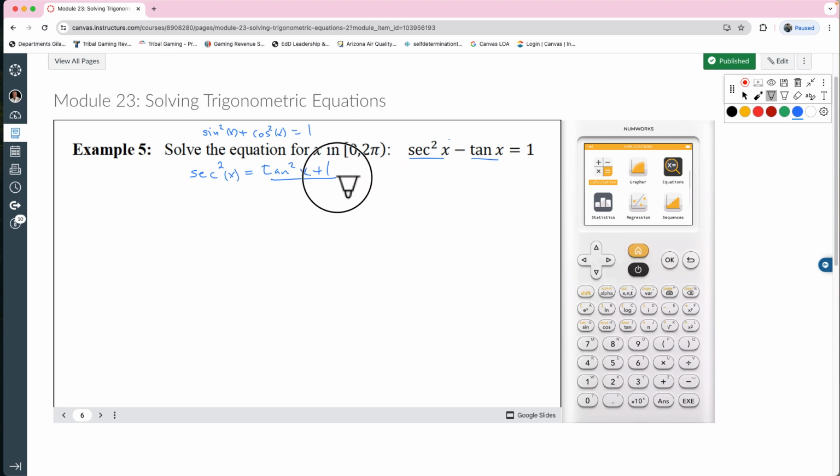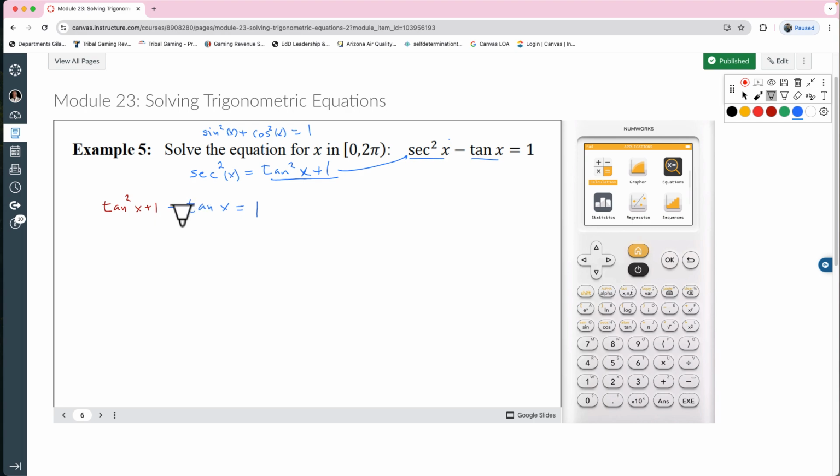So we're going to put this in for secant squared. Okay, so secant squared becomes tangent squared x plus 1. And then we had minus tangent x equals 1.